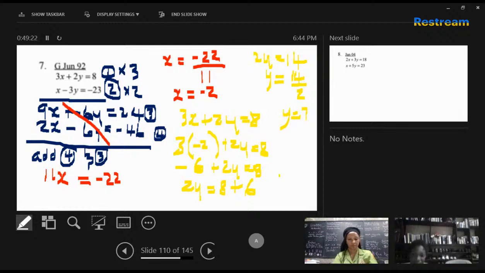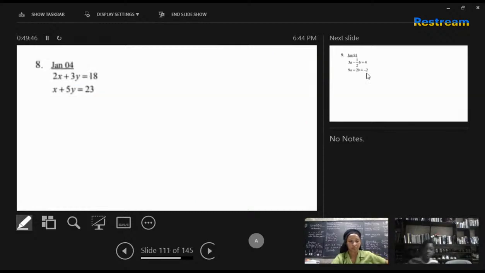So 3 times negative 2 plus 2 times 7. The first one is correct, miss. So it'd be negative 2 minus 3 times 7. Miss, that's negative 23. Okay. Yes, that's it. All right, Asar.